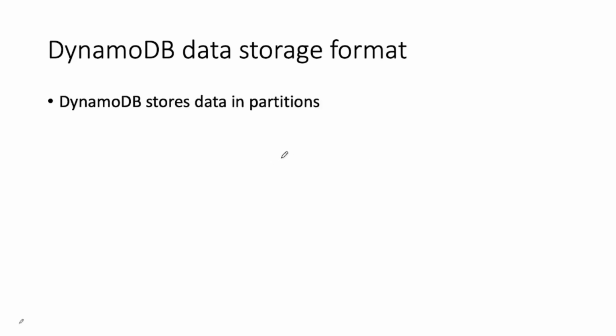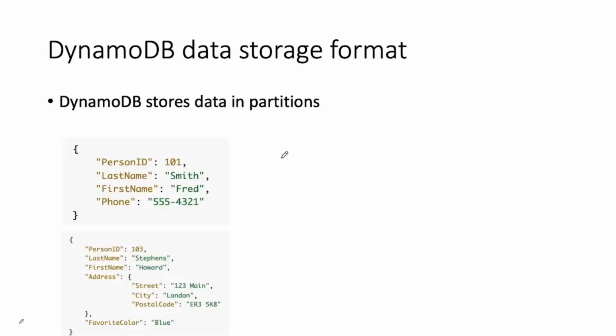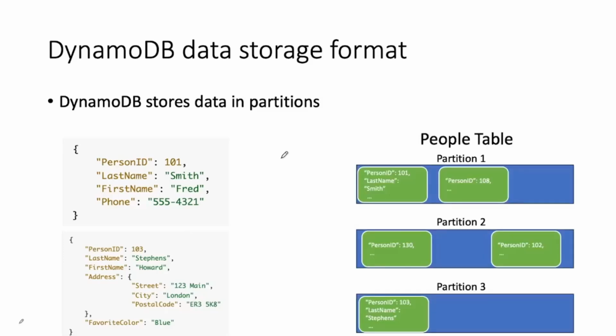So DynamoDB uses partitions to divide and store data internally. We'll take our people table as an example, and here is one possible implementation of how DynamoDB could store data in the people table internally. Here we are assuming that DynamoDB might have partitioned the table into 3 partitions, and then the data is spread across these 3 partitions.